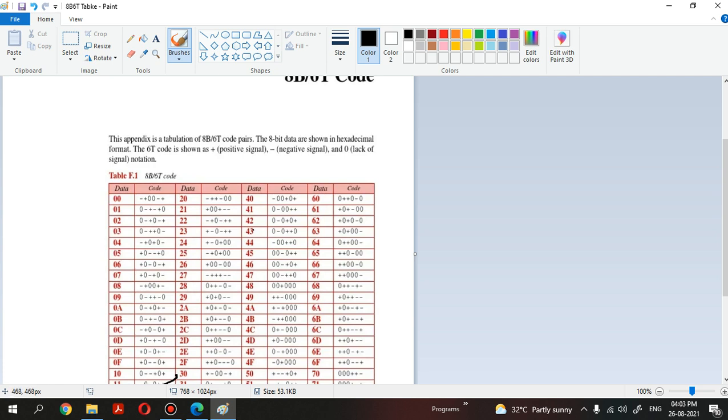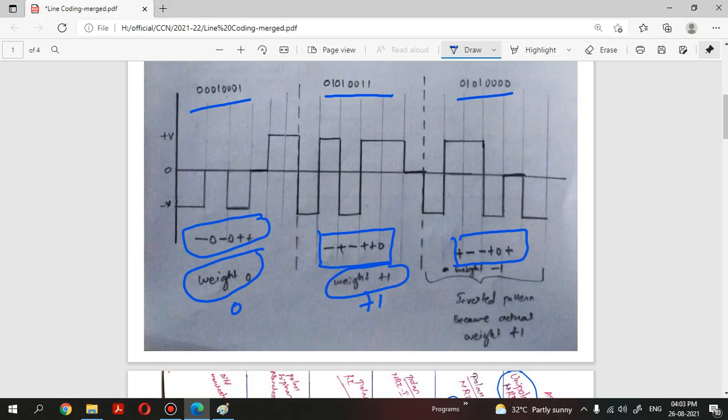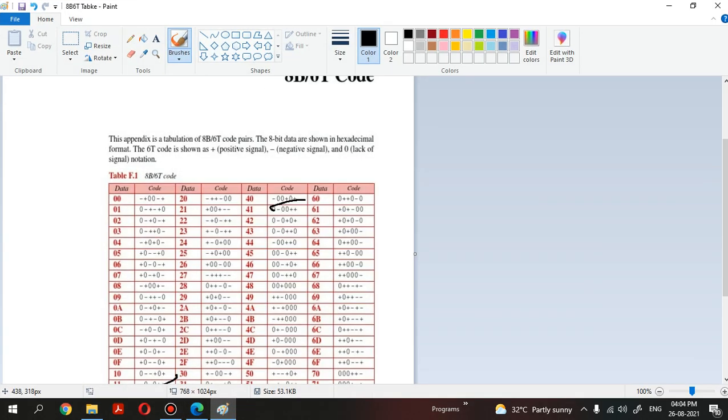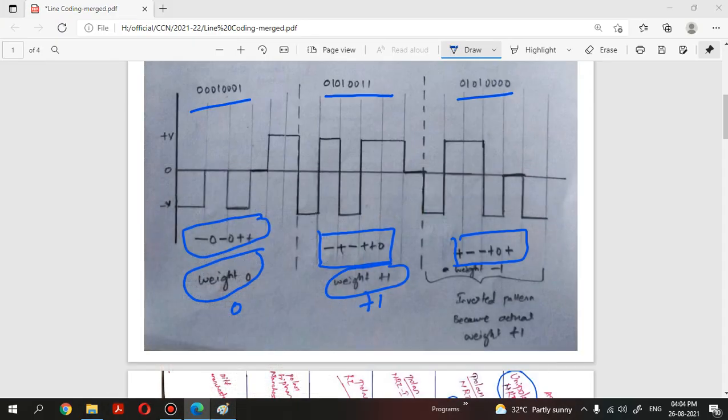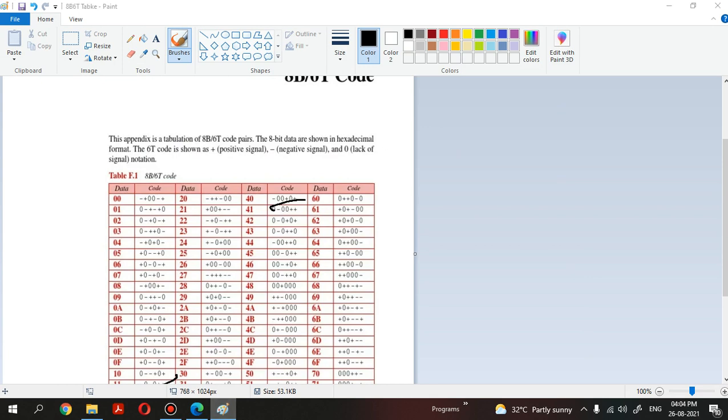For 40, minus 00 plus, 0 plus, minus 00 plus.